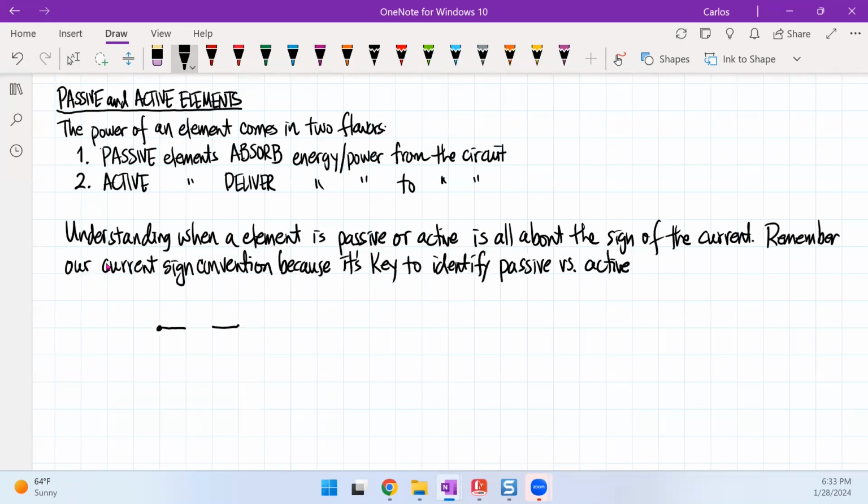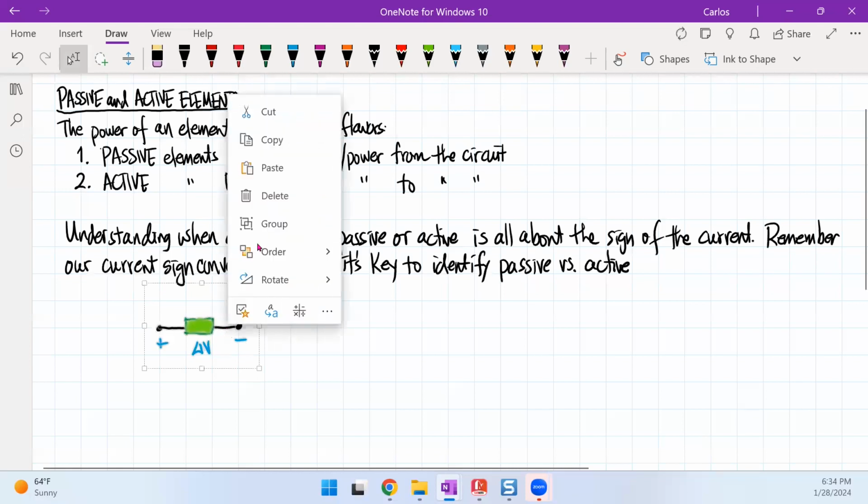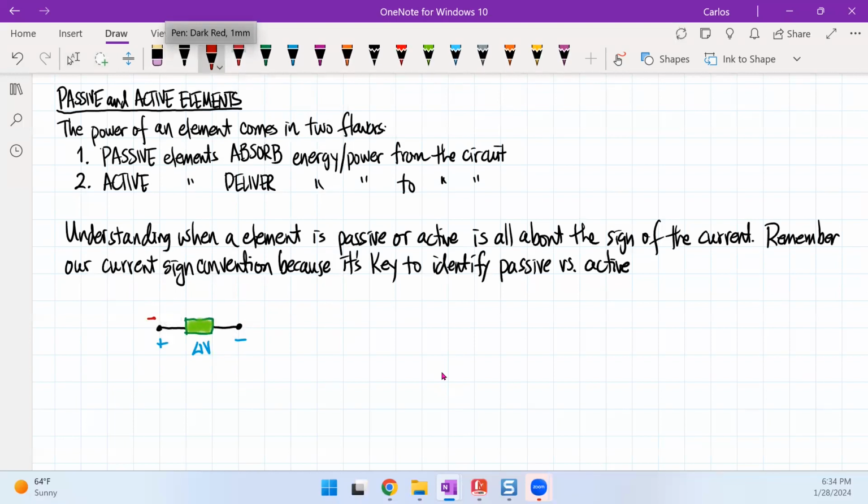I have a current. If this is the positive and that's the negative terminal, and it has some voltage, let me copy this real quick. Then, if the current enters the positive terminal, then we say here that we have a positive current.